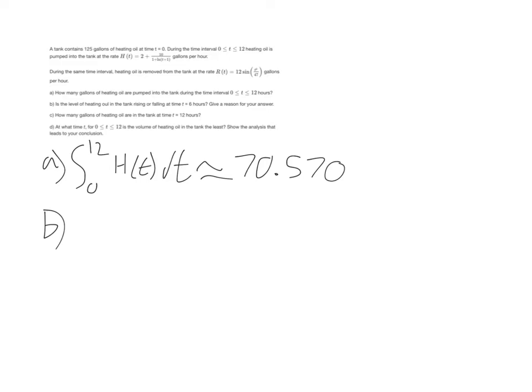Well, the amount of oil in the tank is going to be rising if it's going in faster than it's coming out. And so we just have to see what is the value of h of t and what is the value of r of t at t equals 6. And if we do that, I'll just say h of 6 is less than r of 6.